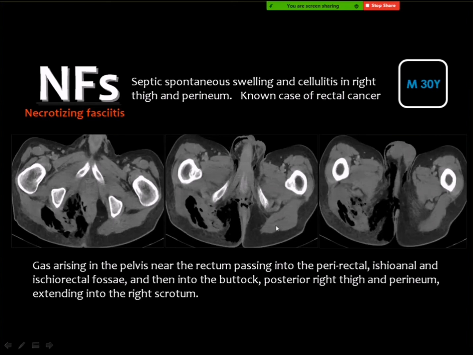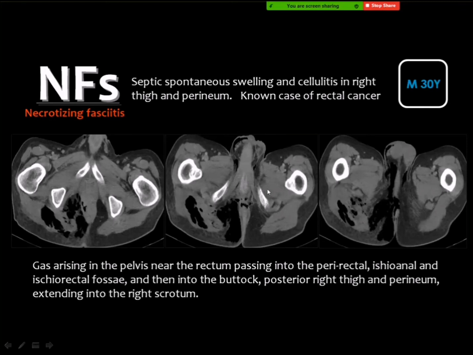In MRI, if you do not see some air, although air is not a standard feature of this disease, you get extensive inflammation like those seen in diabetics, where you get diffuse soft tissue edema and loss of the intermuscular and subcutaneous fat planes and abnormal increased signal in the T2 with heterogeneous enhancement after injection of contrast.